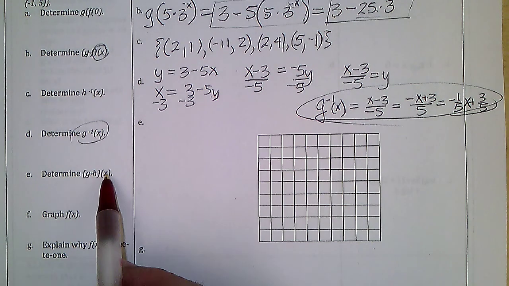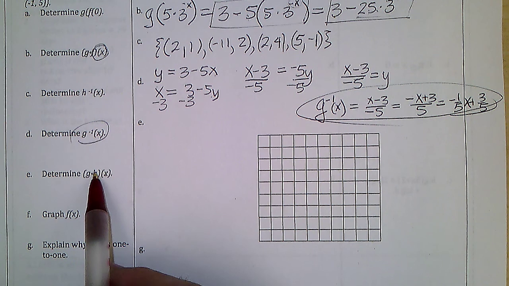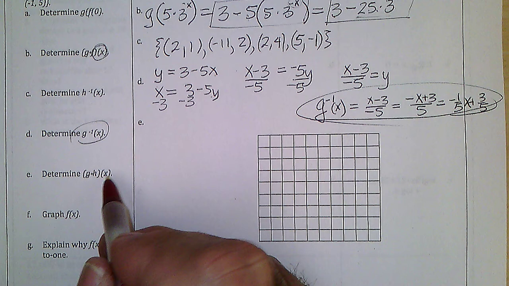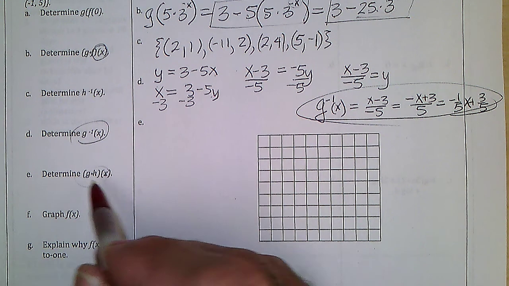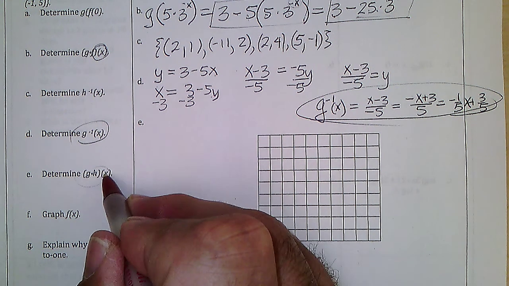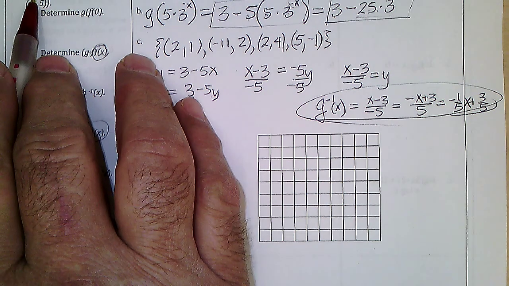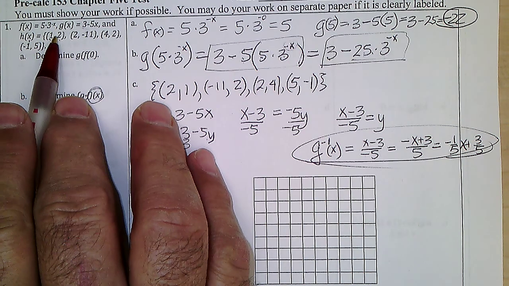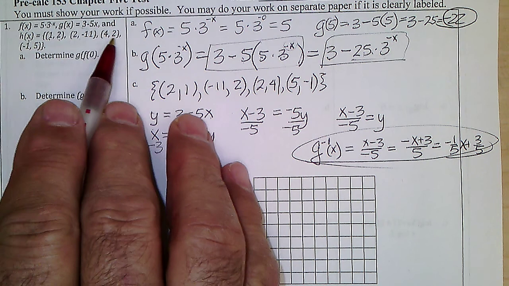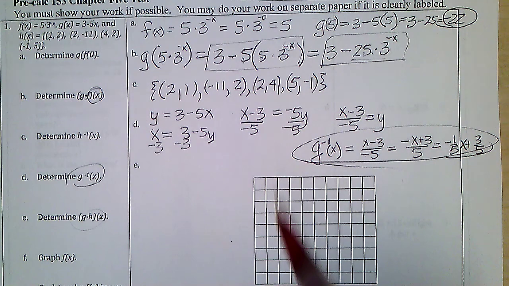Next, we were supposed to put something into h and then take that and put it into g. So we're going to, these you always put down what you're starting with. The only things we can put in for into h are 1, 2, 4, and minus 1.